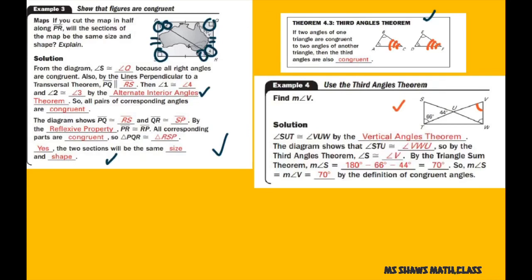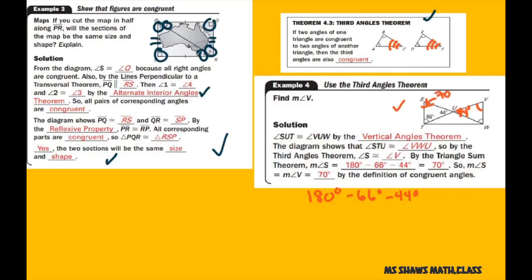So what I'm going to do is look at, this is 44 with the vertical angle theorem. So I can make that 44, and I can find angle S by saying 180 minus 66 minus 44, and that gives you 70.